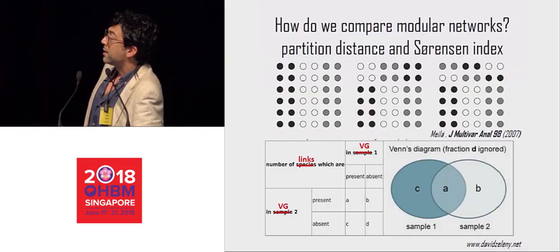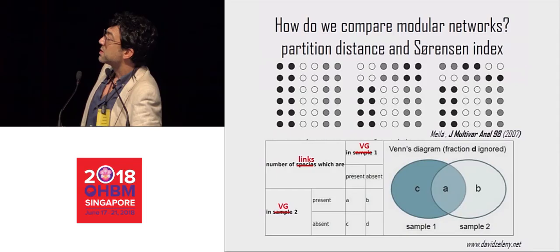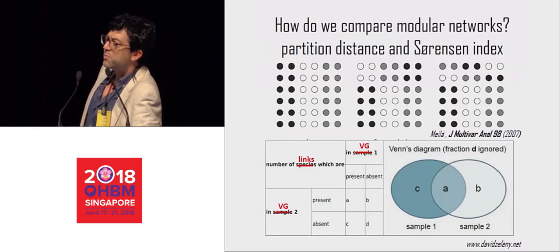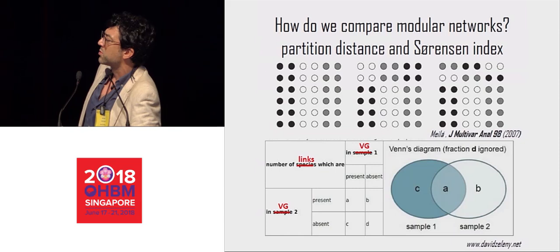Using a global measure, which is the partition distance, and a local measure, which is the Sorensen index, originally defined to compare ecosystems, that is, the number of species present in both ecosystem A and ecosystem B. We did the same, basically, using the links in visibility graphs.